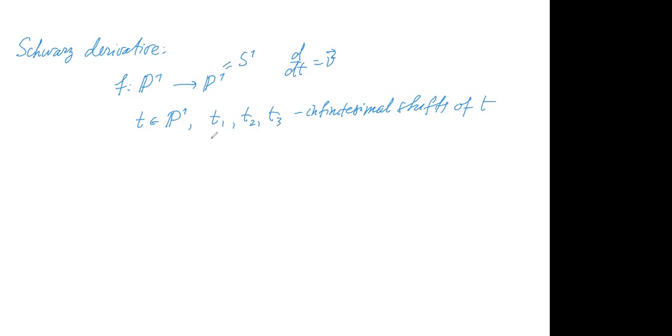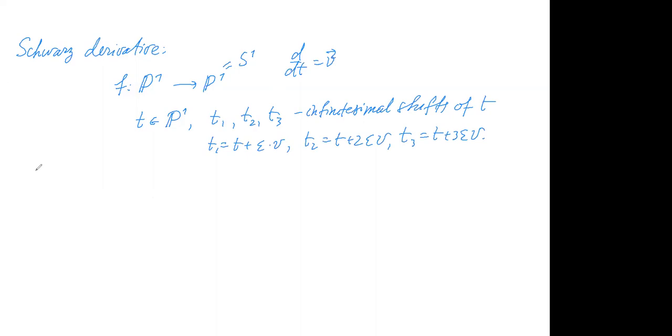Then T1 is equal to T plus epsilon V, T2 is equal to T plus 2 epsilon V, and T3 equal to T plus 3 epsilon V.